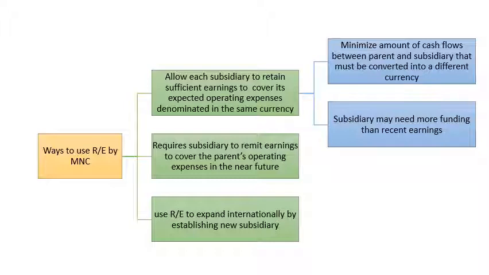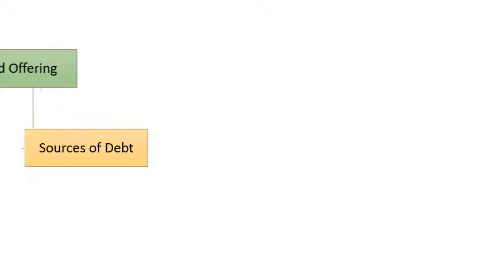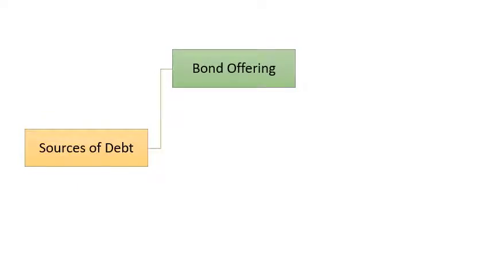The second objective of retained earnings is to finance expansions. So multinational corporations can use retained earnings to expand internationally by establishing new subsidiaries. As we said before, the multinational corporation can use debt as an external source of funds to finance expansion. Typically, the multinational corporation has several sources to get debt.